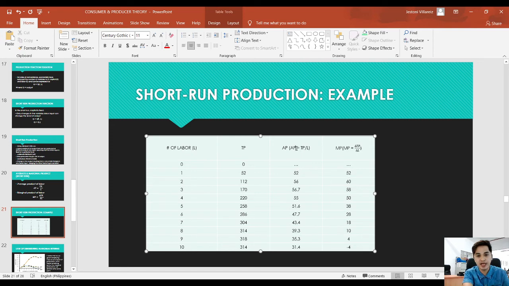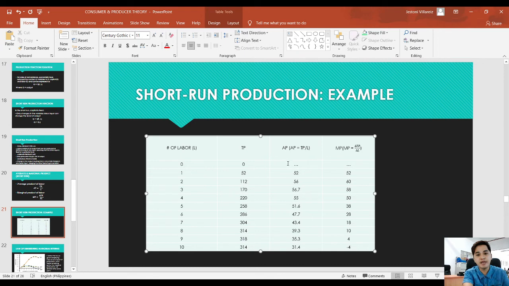You can use the formula here to compute your AP and MP. Now, if you increase your labor from 1 to 2, adding additional labor will give you 112 productivity or output.